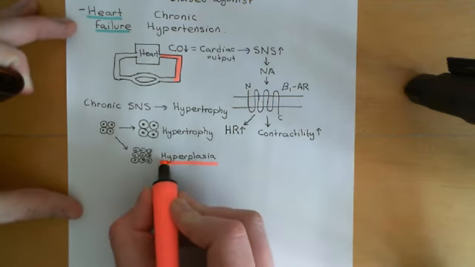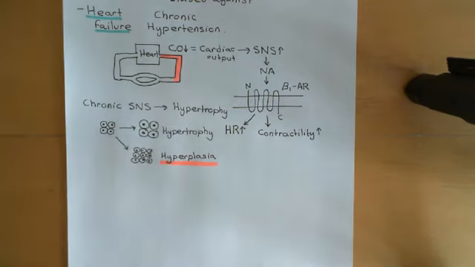They have very strict controls in place that pretty much mean that they are not capable of dividing at all. That's really one of the main reasons that you never ever hear about heart cancer, cancer of the heart.